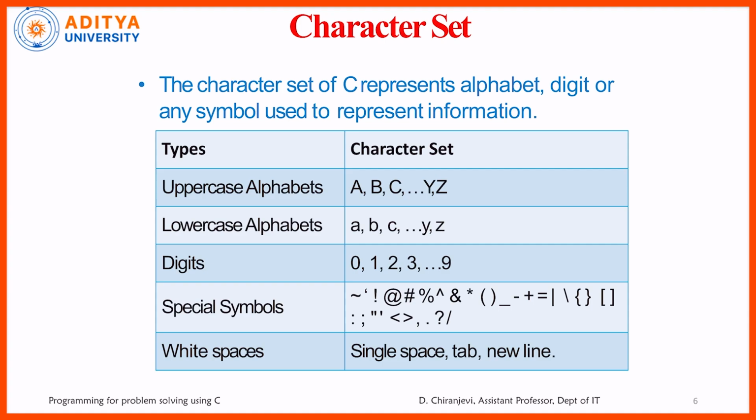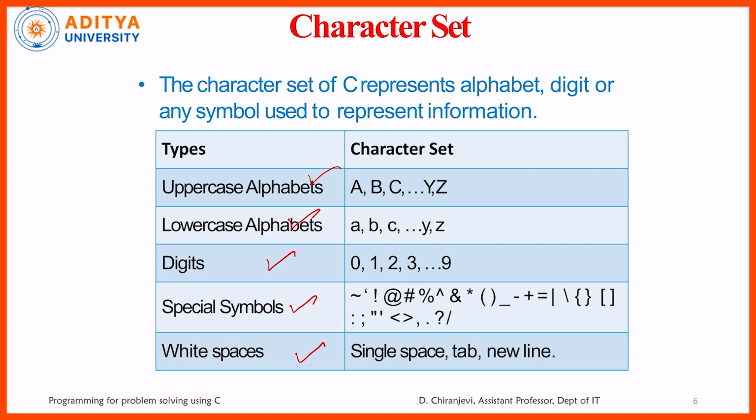Now, character set. A character set consists of alphabets, digits and any symbol which represents information. Generally, this character set consists of uppercase alphabets, lowercase alphabets, digits, special symbols and white spaces.